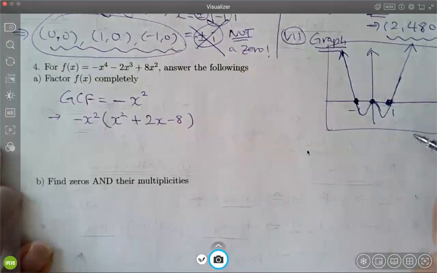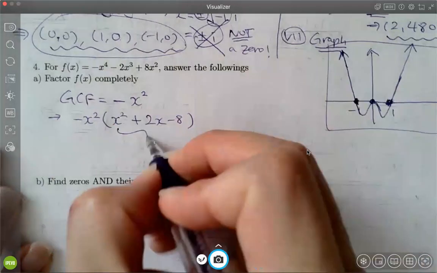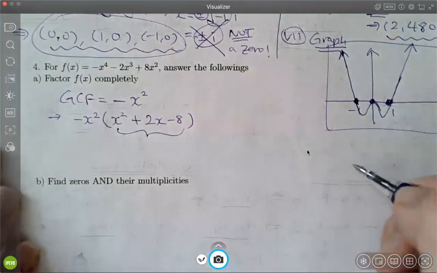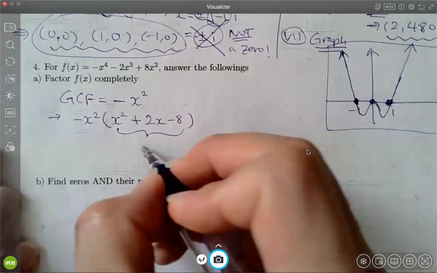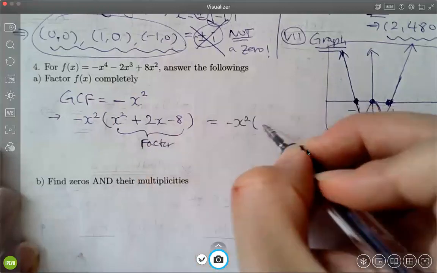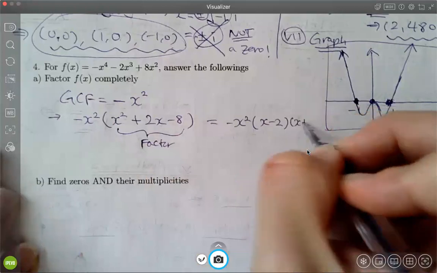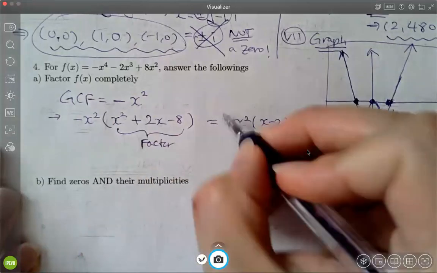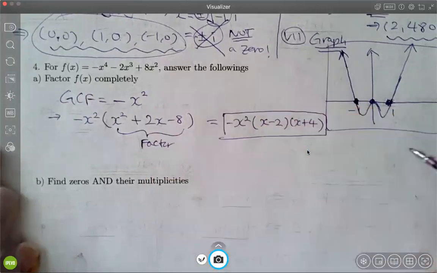Now, is that it? No, you can factor x squared plus 2x minus 8 further, right? So what do you get? -x squared times (x minus 2) times (x plus 4), right? And then we are done. So that's the complete factorization.